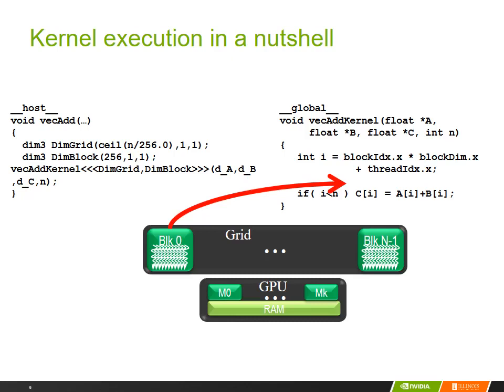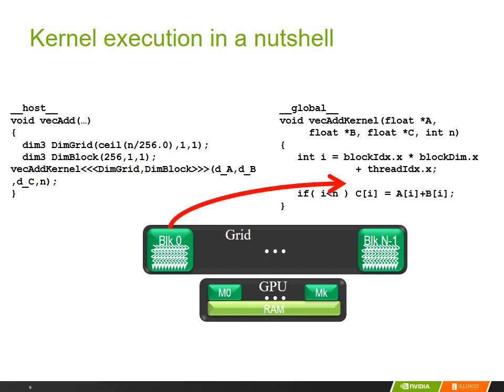So in our example, if we have 1,000 elements in A, B, and C, the first 1,000 threads, 256 in block 0, 256 in block 1, 256 in block 2, and then finally 256 minus 24 of them in block 3 will participate, and 24 of the remaining threads in block 3 will not participate.